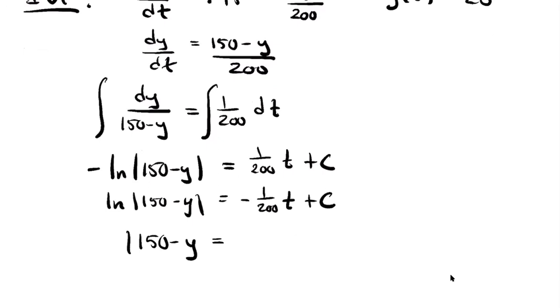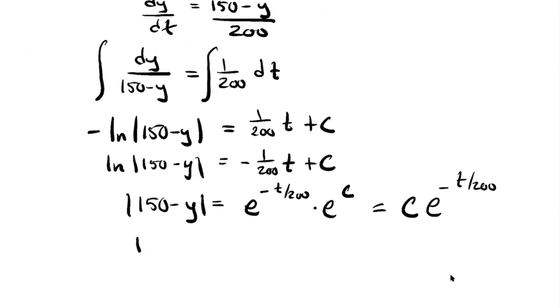So I get the absolute value of 150 minus y is e to the minus t over 200 times e to the c, which you know me, I'm just going to rename that c. Constant shenanigans in differential equations. I can absorb the plus or minus sign into the c, so when I write these absolute values, I'm just going to ditch them. So I've got 150 minus y is c times e to the minus t over 200.